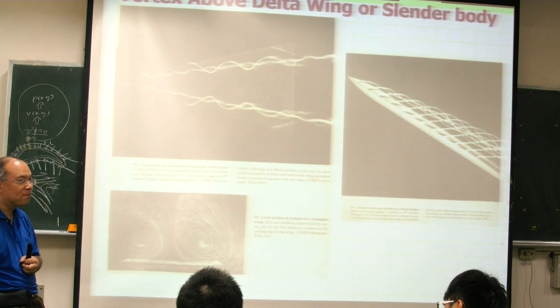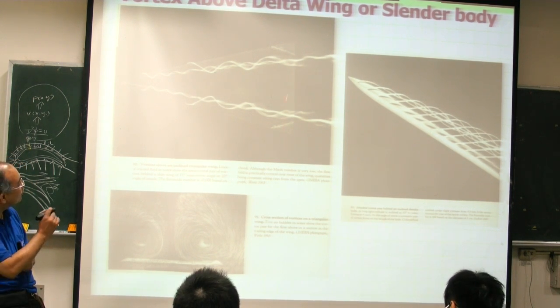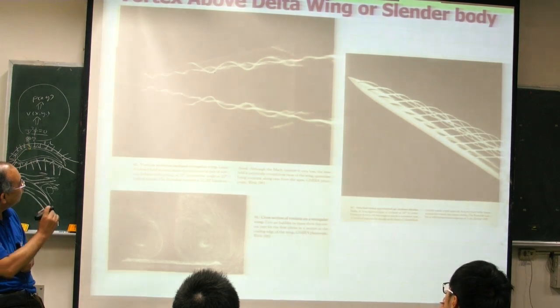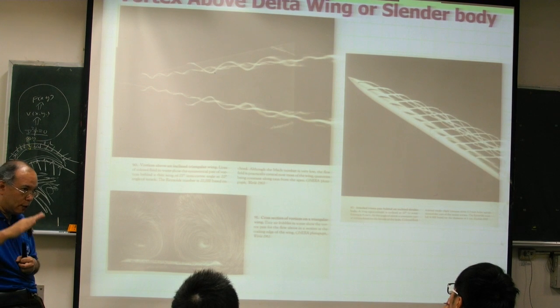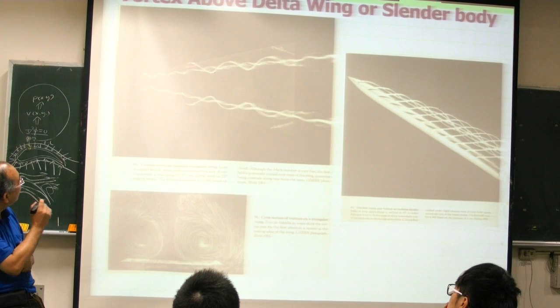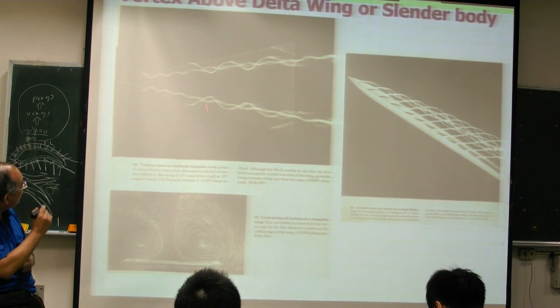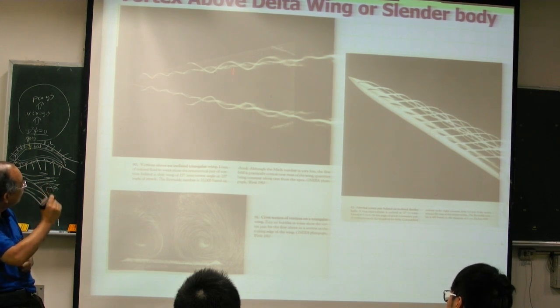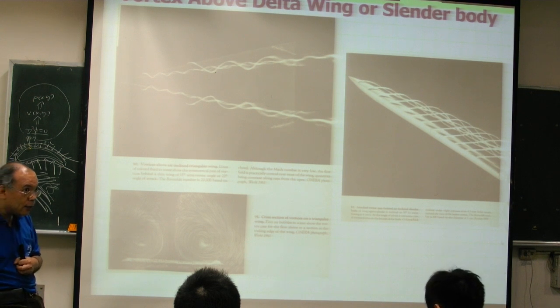High lift, and it has very high maneuverability, because it can easily turn in another direction. As you can see here, this is for the high angle of attack. This is the tip, the apex of the delta wing. And there are two vortices here. If you cut the cross section here using a laser sheet, you will see these two huge vortices.